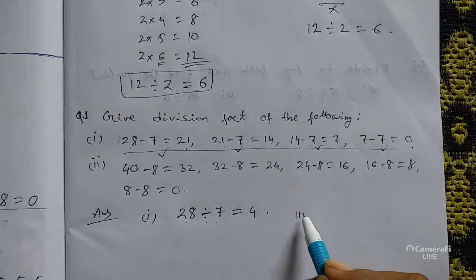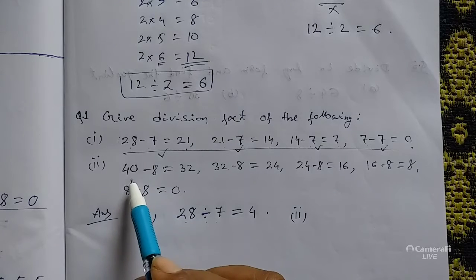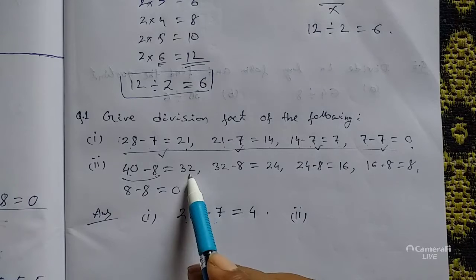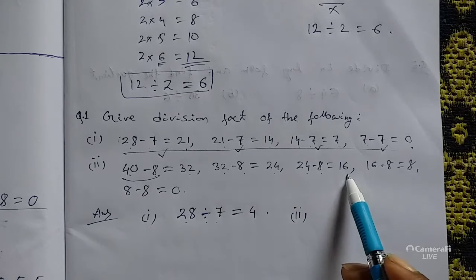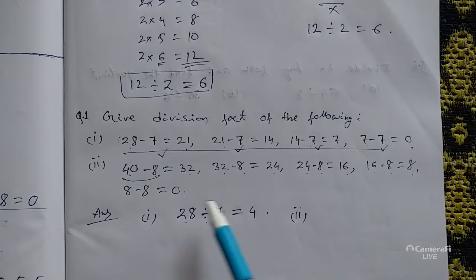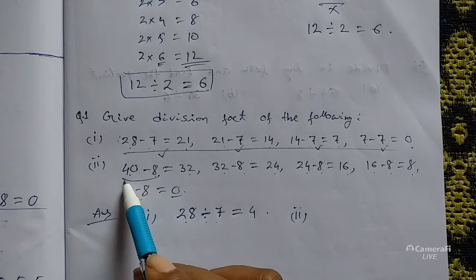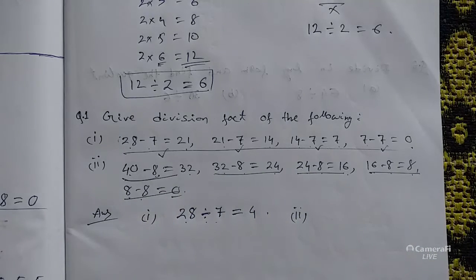For number 2, here is initial number 40 and we are dividing it by 8 because in every step there is 8 subtracted. 40 minus 8, 32, again 32 minus 8, 24, 24 minus 8, 16, 16 minus 8, 8, 8 minus 8, 0, and we get how many steps of subtraction? 1, 2, 3, 4, 5 steps.